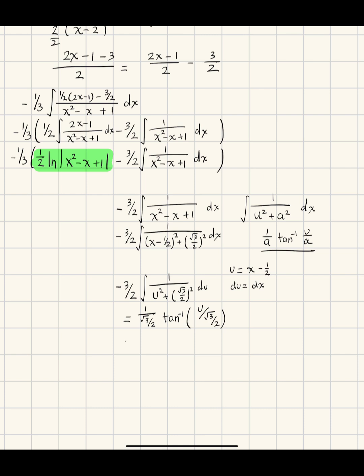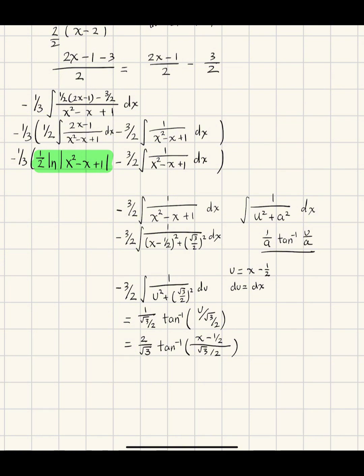All right, then I'll simplify a little bit. In the end, we'll get 2 over square root of 3 inverse tan, or arctan, in the parenthesis of x minus 1/2 over square root of 3 over 2.